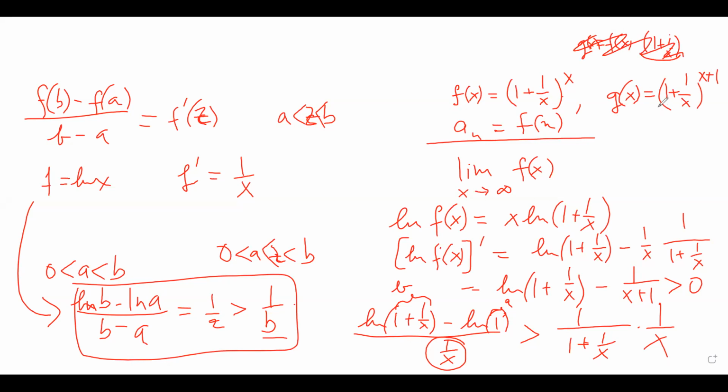You can follow all this proof to show that g is now decreasing. Therefore this sequence is a decreasing sequence. If you replace n by n plus 1, then you get a decreasing sequence.